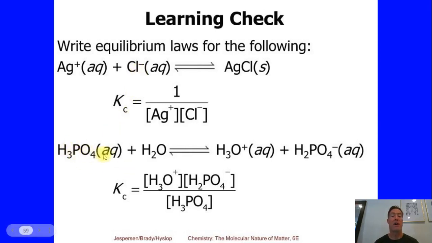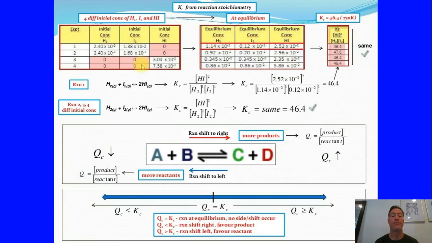Here we have an aqueous solution, plus water, plus some more ions here. So again, we're going to ignore the water. So we're going to put the products' concentration over the reactant that is in solution, raised to its coefficient, and we're going to ignore the water. So we leave out solids and liquids.